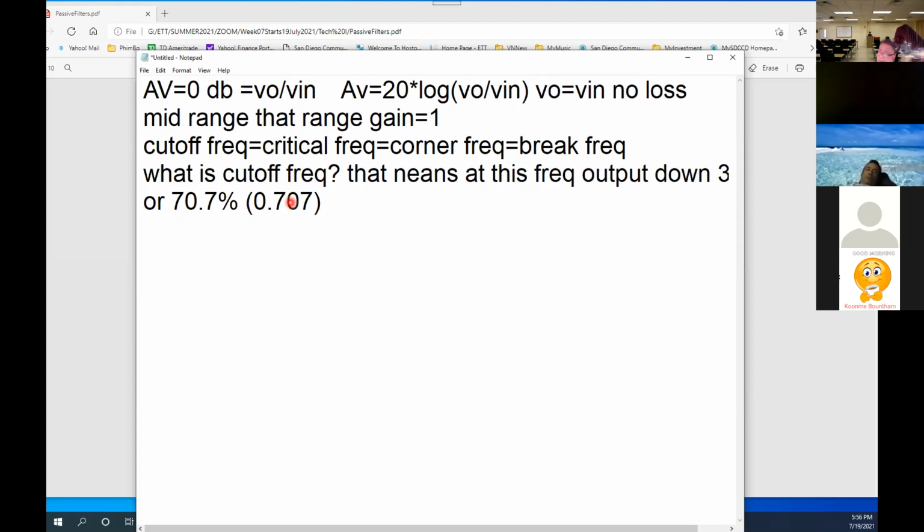You know why? How come you get minus 3 dB? Okay, that means they take 20 times log of 0.707. You get minus 3 dB.